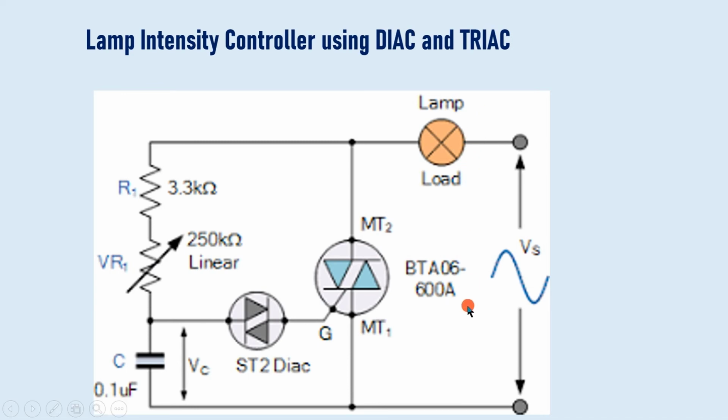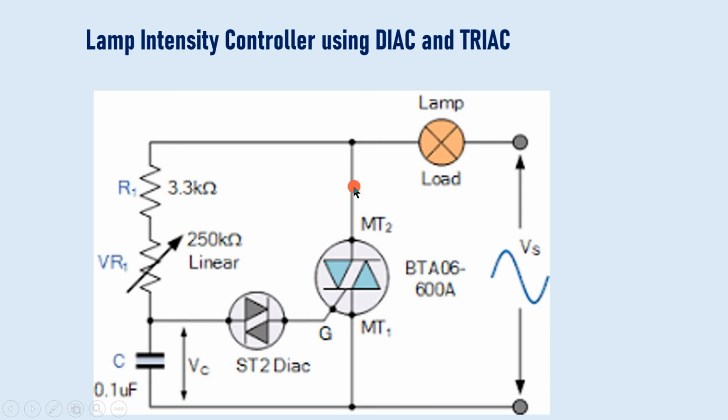Now when it is a negative half cycle, in that case MT1 becomes positive, and because of the capacitor, this terminal is now at a lower voltage than MT1, so negative, and that's why this triac begins to conduct in this direction also. So the idea is that in the positive half cycle and the negative half cycle, it can be made to conduct, and by changing this resistance conveniently, you can fire this triac at a particular point in this half cycle and this half cycle.